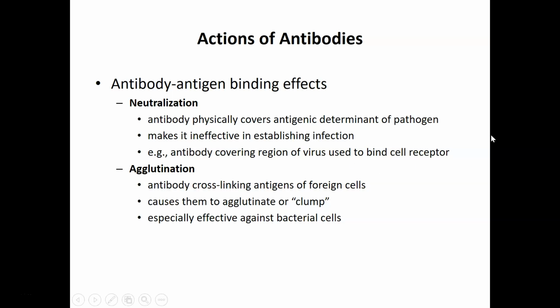This is a very effective way for getting rid of bacteria because bacteria are relatively large antigens and they can have multiple antigenic sites on their surface such that more than one antibody can bind to them.